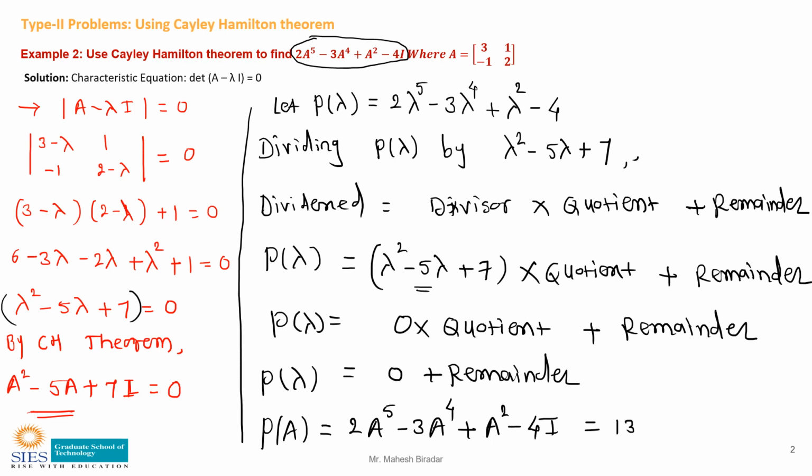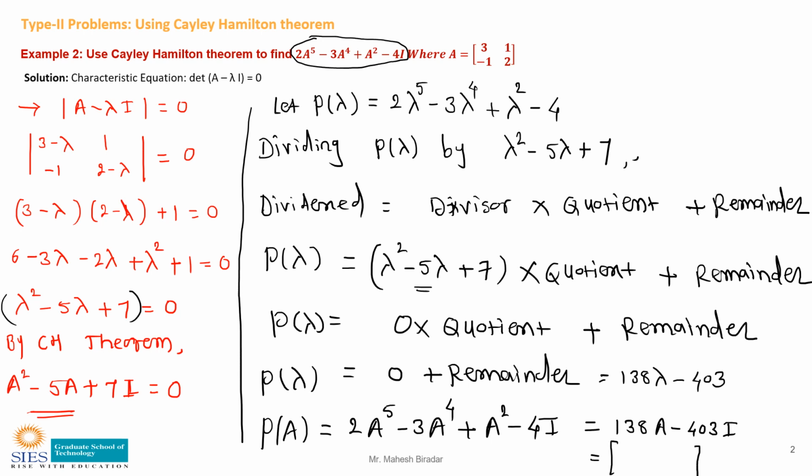The remainder is 138 lambda minus 403, but in terms of A, we write 138A minus 403I. So the answer of P of A is simply 138A minus 403I.